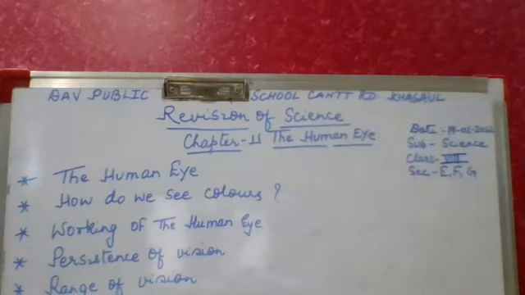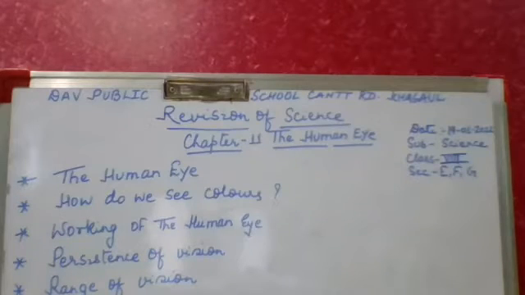Why do we say it is self-adjustable? Because it can change its aperture according to the light condition, according to the amount of light falling. It only allows the appropriate amount of light to enter.